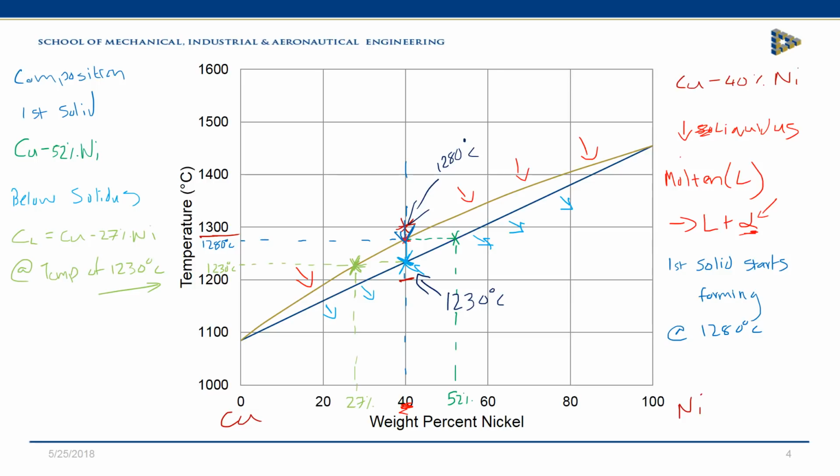We call it the freezing range. So the freezing range for a copper 40% nickel alloy is 1230 degrees Celsius to 1280 degrees. And this tells us that between this range, our material goes from a liquid to a solid.